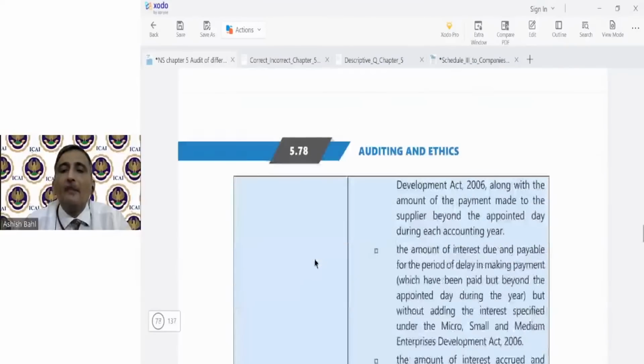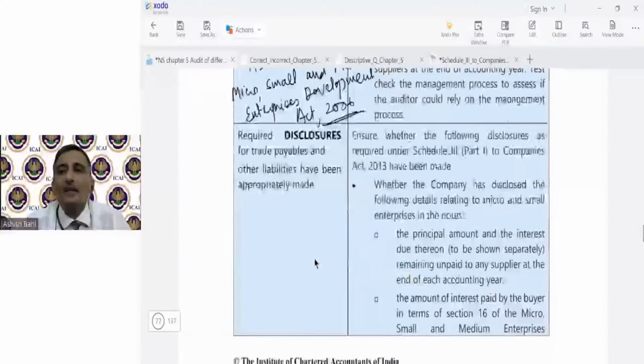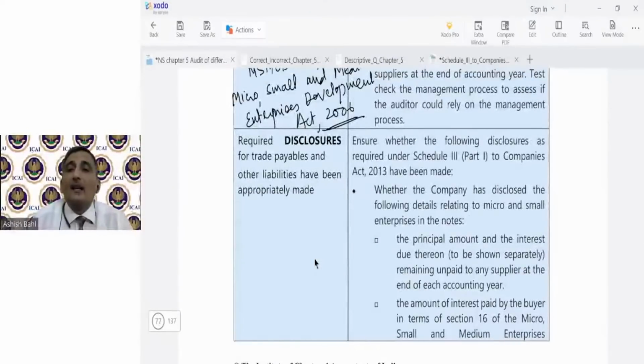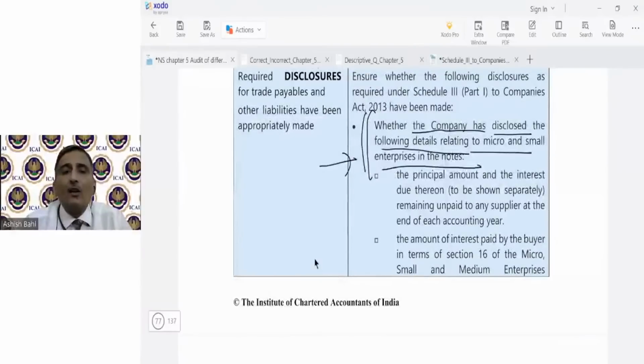So these type of disclosures are required for micro and small enterprises. What are these disclosures? Whether the company has disclosed the following details relating to micro and small enterprises in the notes. Now, the following things have to be disclosed for micro and small enterprises in the notes to the accounts.